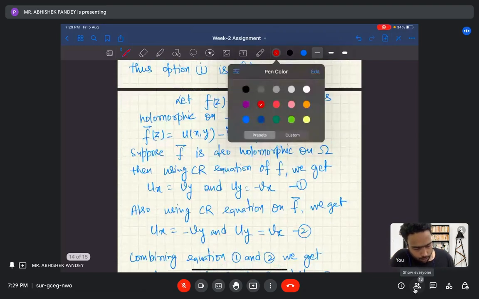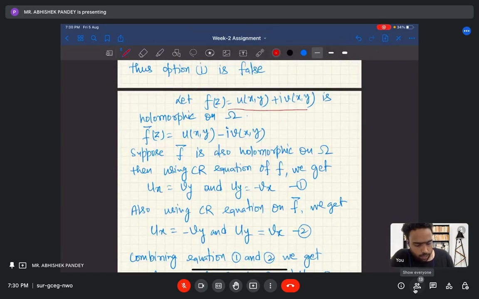Let f equals u(x,y) plus iv(x,y) be holomorphic on omega. Now f bar is nothing but this. Suppose f bar is also holomorphic on omega.